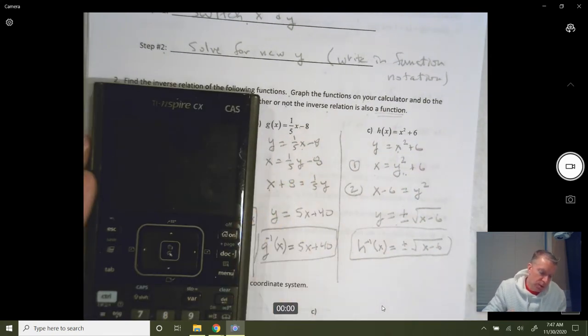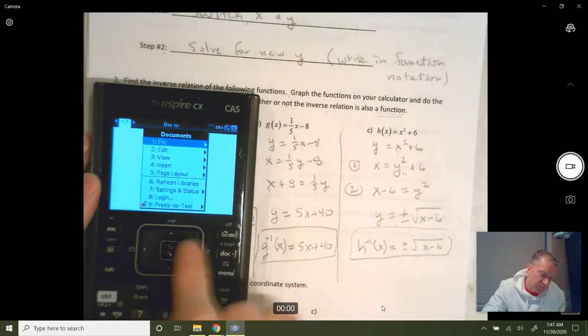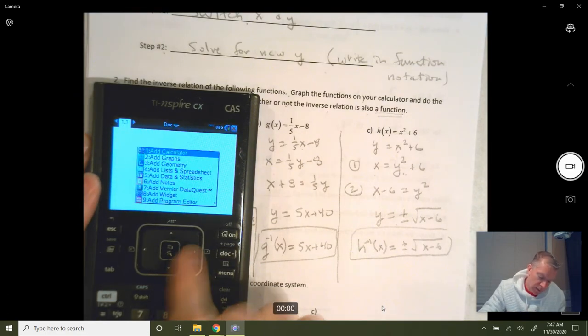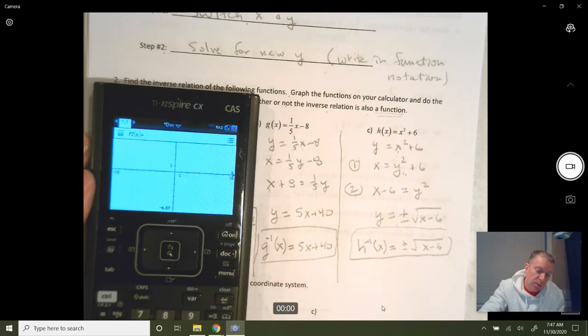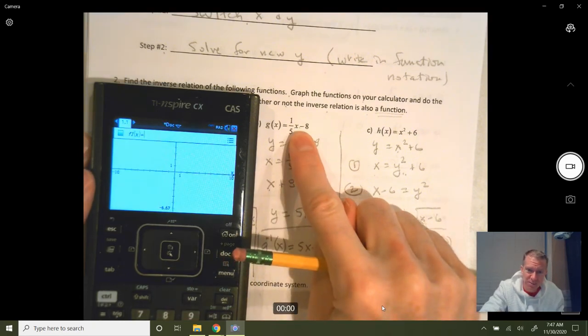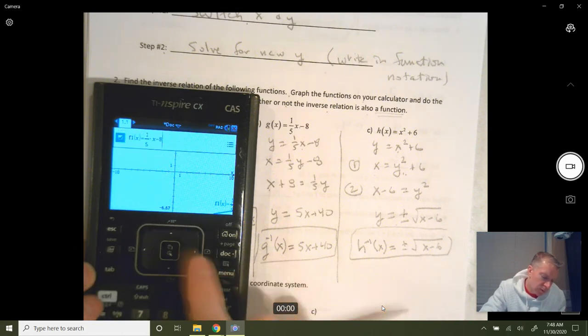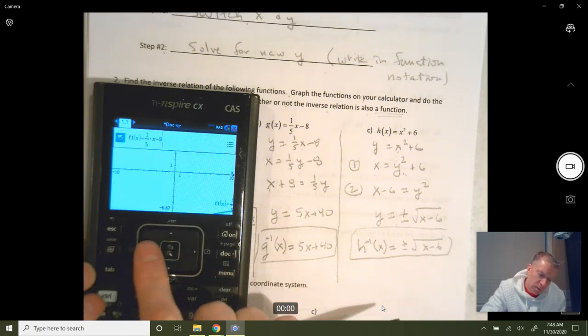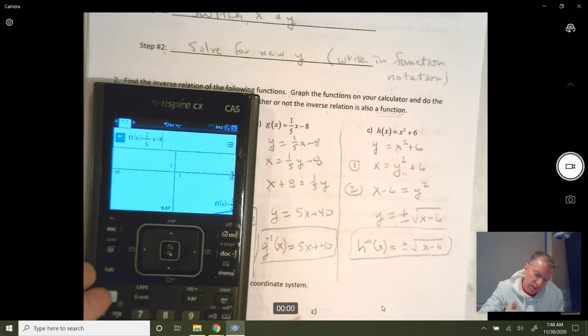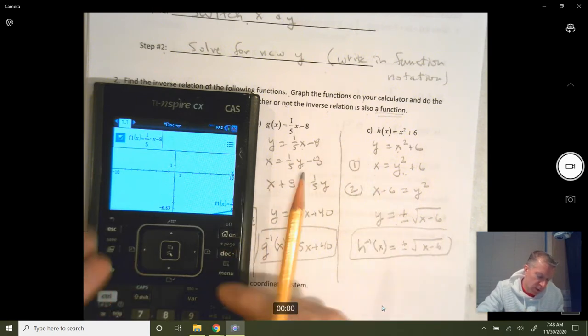What you're going to do here, I'm going to just do new document, add a graph. Graph the function 1/5 x minus 8. Okay, we need to see that a little better.